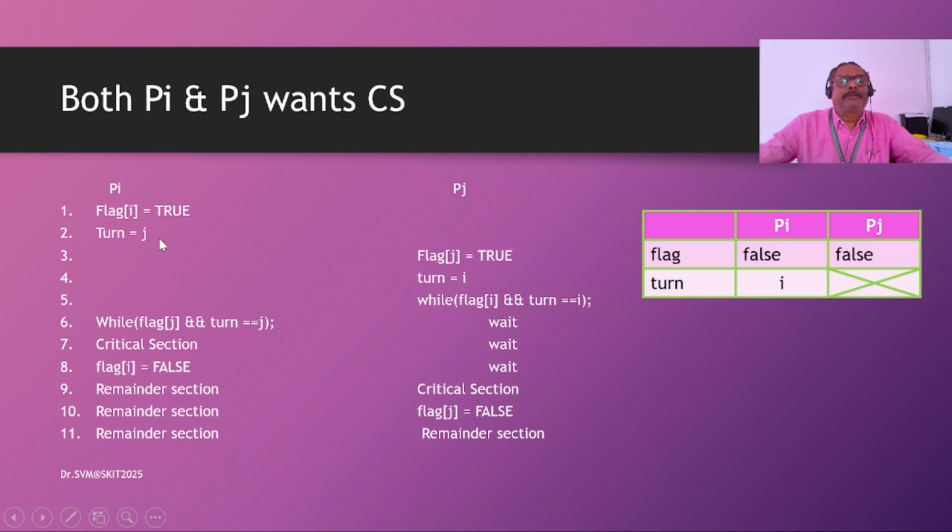If turn equal to J is run last, then J continues and I waits. If turn equal to I runs last, just as we have seen now, then J waits and I continues. This keeps going alternately, sometimes in the critical section, sometimes in the non-critical section, and that continues. So that's how we ensure that a critical section is taken care of without disturbing each other.